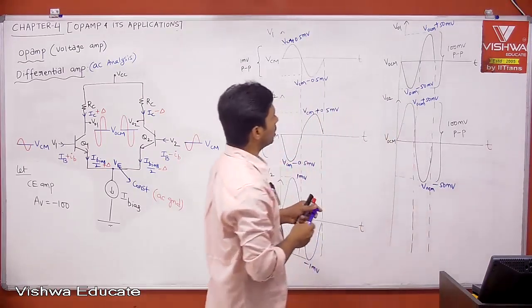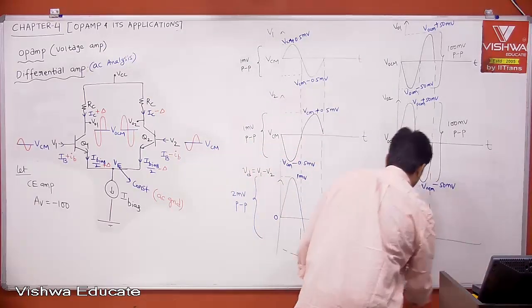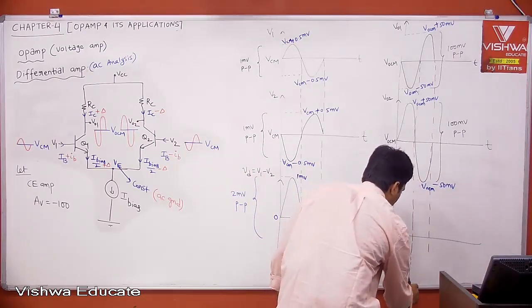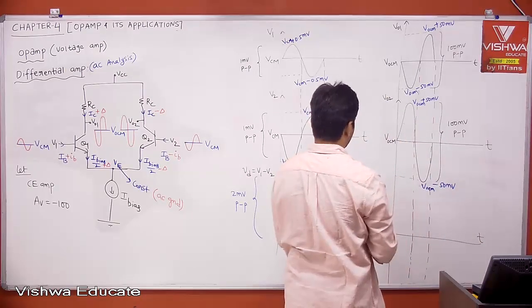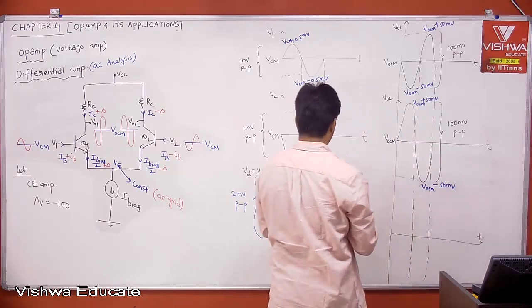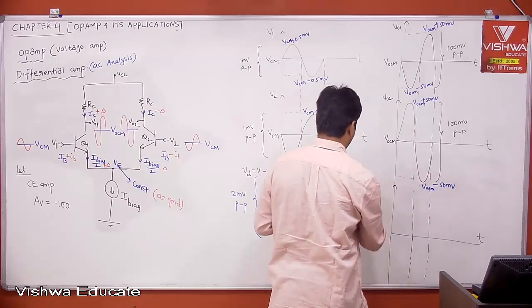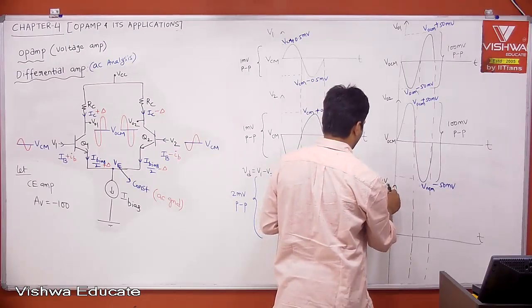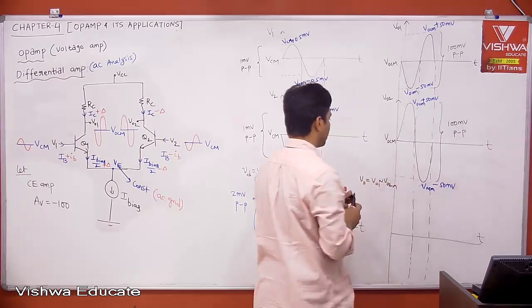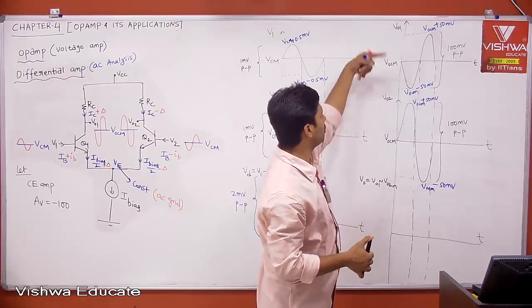Now tell me, what is your output now? Your output is nothing but... So if I take this, now what you will get? Let us say, what is VD? V0. Now your V0 is equal to the difference of V01 and V02. Either you can take V01 minus V02 or V02 minus V01.